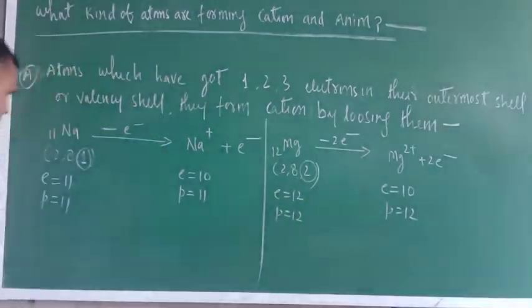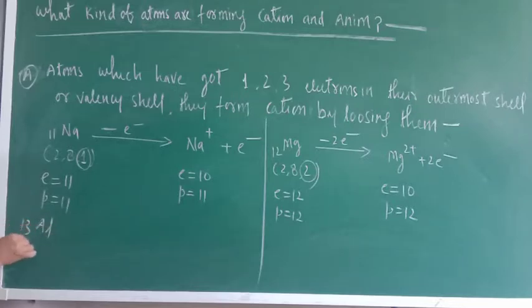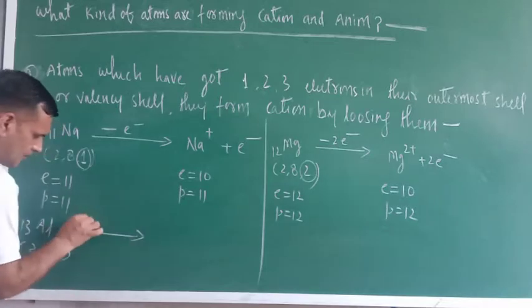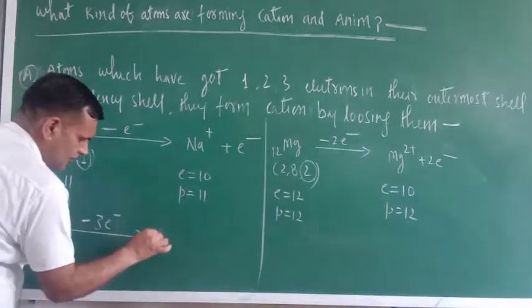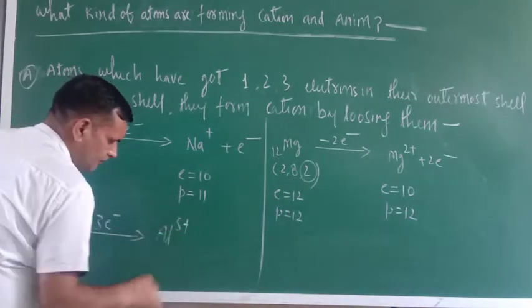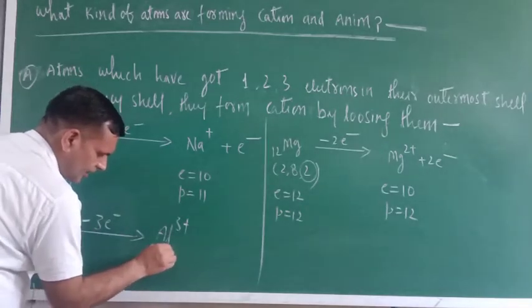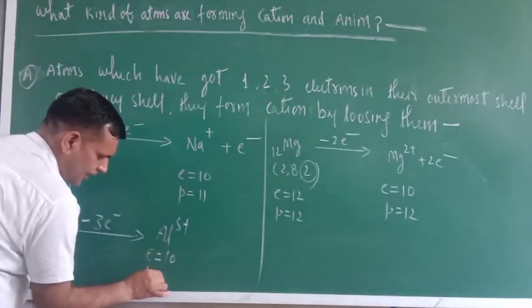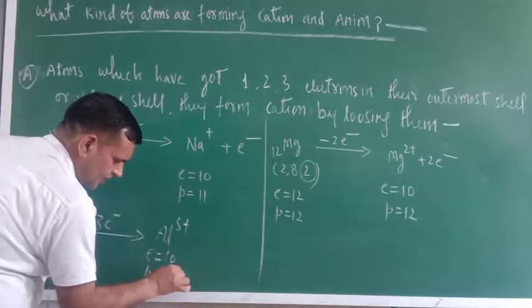One more example you can say, aluminium. Aluminium is 13. 13 means 2, 8, 3. So it will lose minus 3 electrons. So here what is there? Al 3 positive. Here electron equals 10 and proton equals still 13 only.